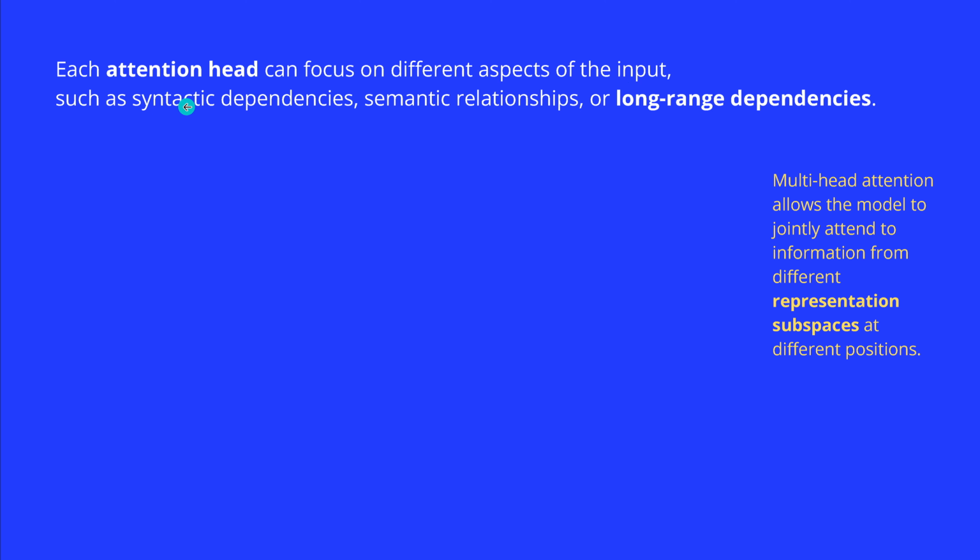For example, on the syntactic dependencies, on the semantic relationships, or, and this will be our topic, on the long-range dependencies if you have, for example, a 1 million context length. And this is done by a mechanism that the multi-head attention allows the model to jointly attend to information from different representation subspaces at different positions of our input sequence.